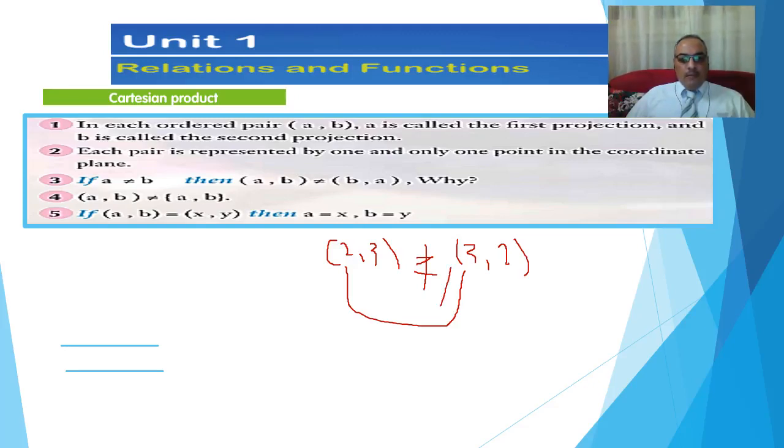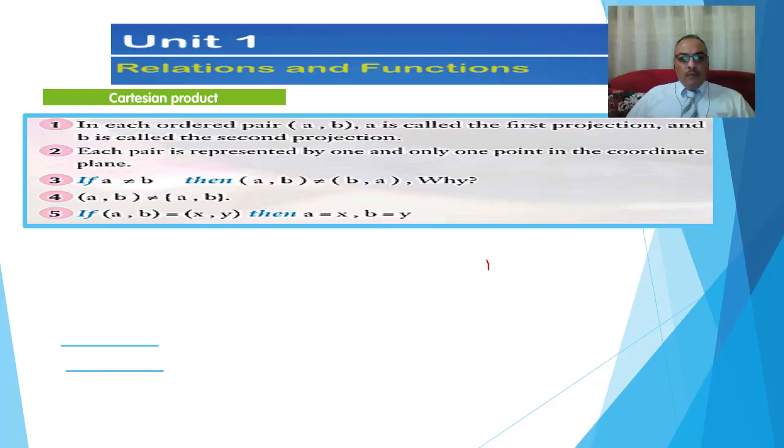The last remark, number 4: the ordered pair A and B is not equal to the set A and B. With this bracket, A and B means order, right?